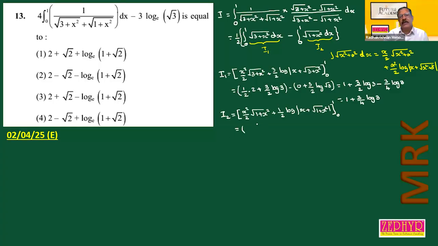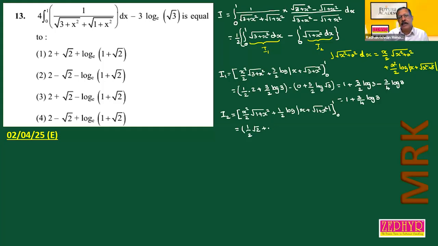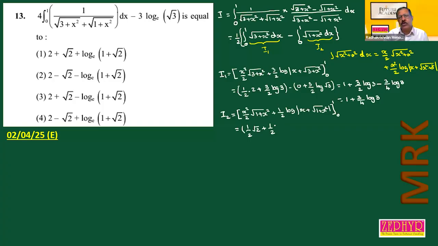Put x is equal to 1. You'll be getting 1 by 2 into root 2 plus, put x is equal to 1, 1 by 2 into 1 plus root 2 log 1 plus root 2, minus, put x is equal to 0.